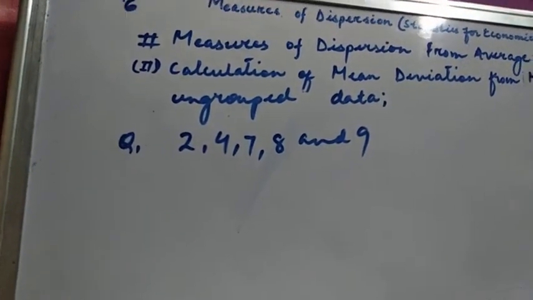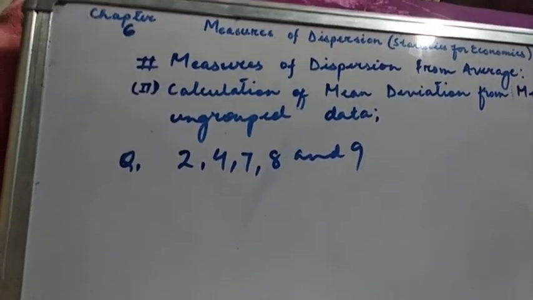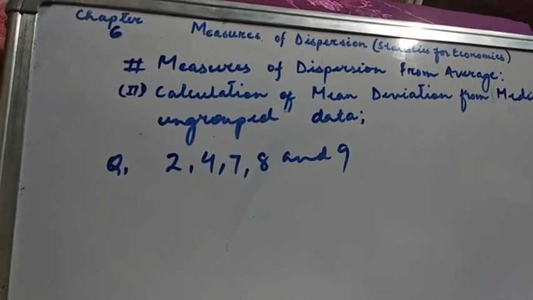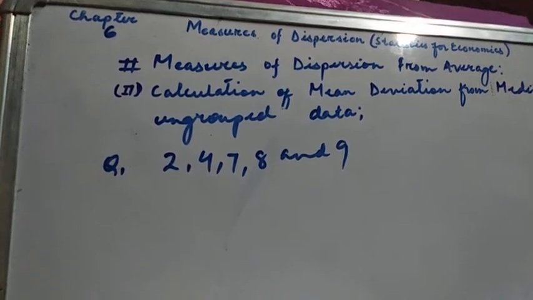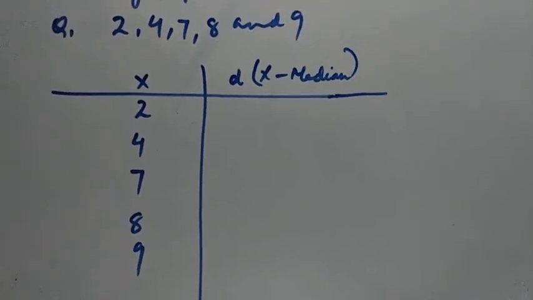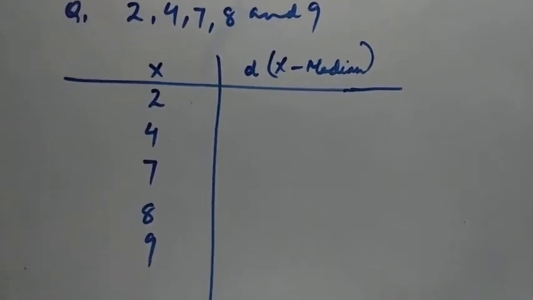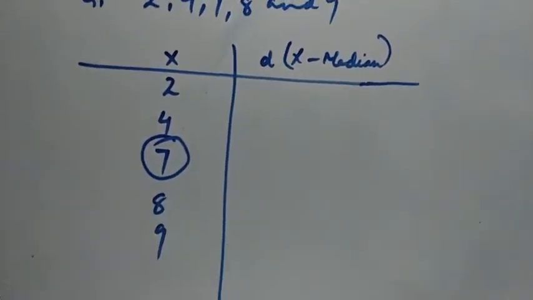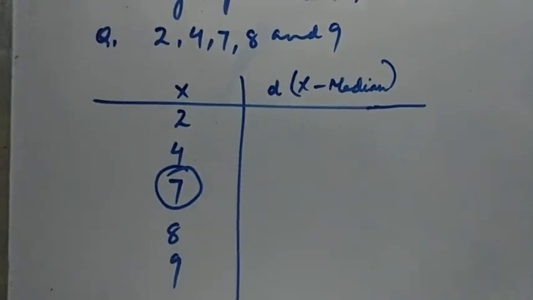Since it is mean deviation from median, first you have to calculate the median value, which is 7. Median means the middle value here. So median is 7.